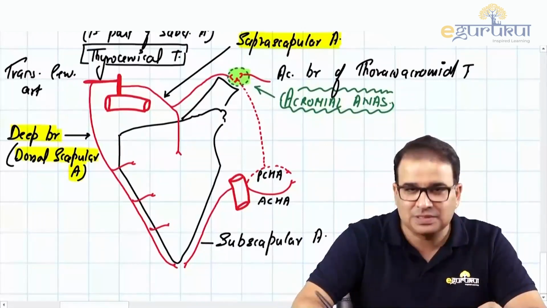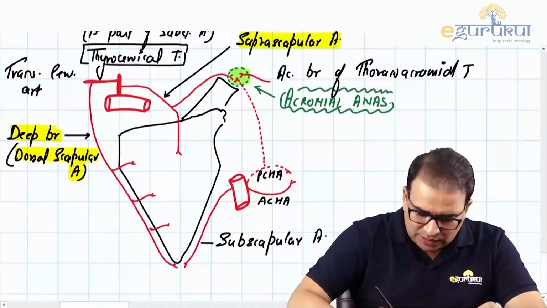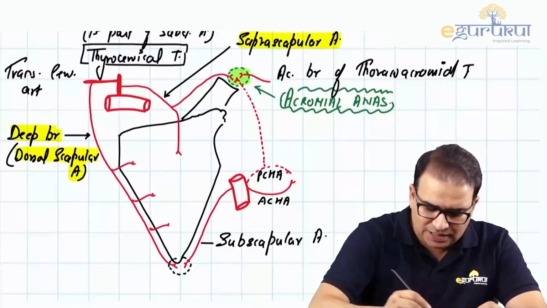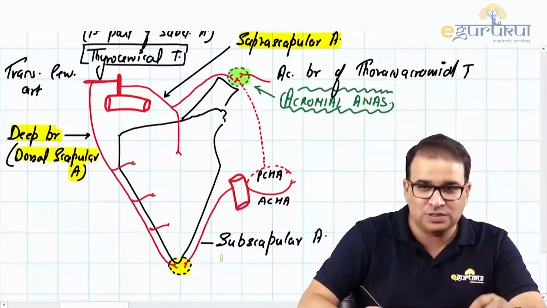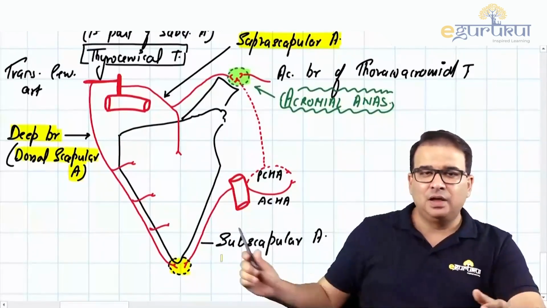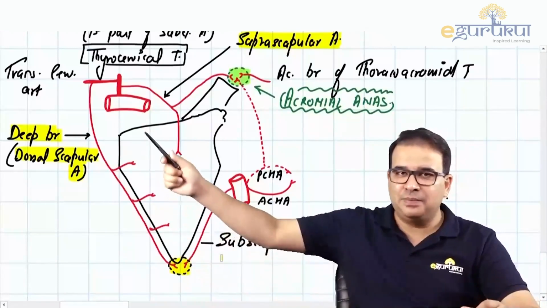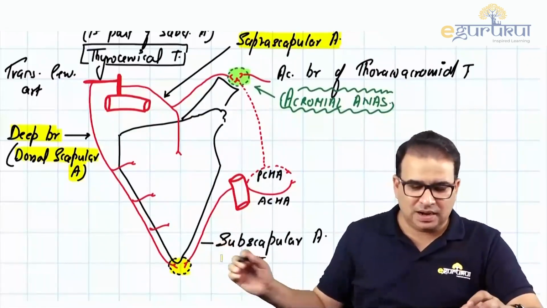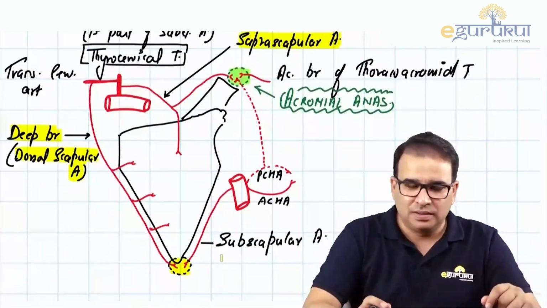This artery here is a subscapular artery, and that's how there is an anastomosis formed at the inferior angle. Now even this question can be asked, what arteries are anastomosing at the inferior angle? You can see that one is the dorsal scapular, or you can say deep branch of the transverse cervical, and from this side we have a suprascapular artery. They are anastomosing at the inferior angle.